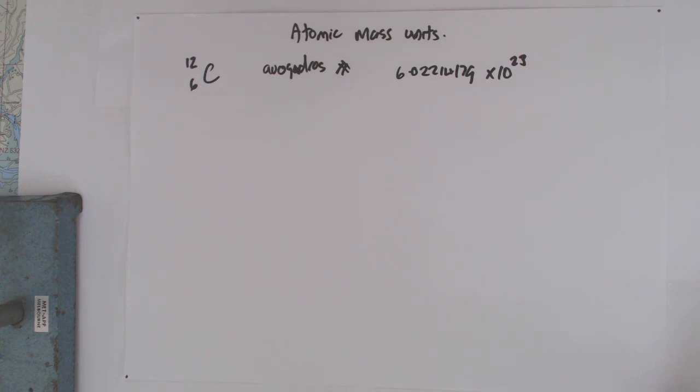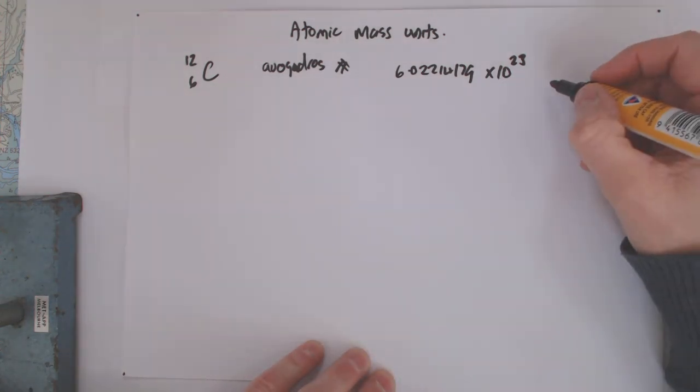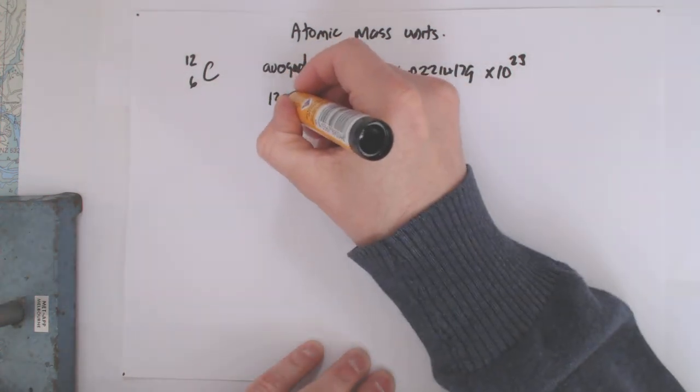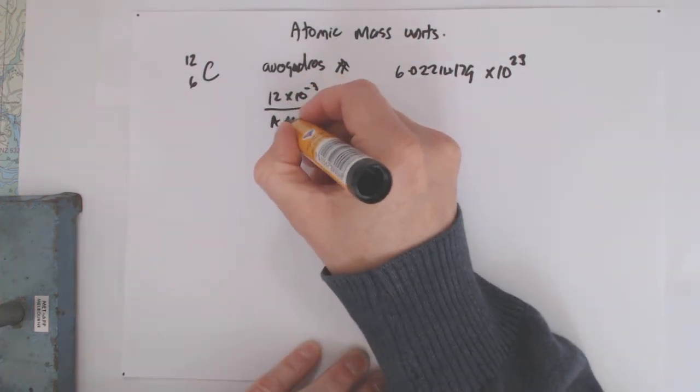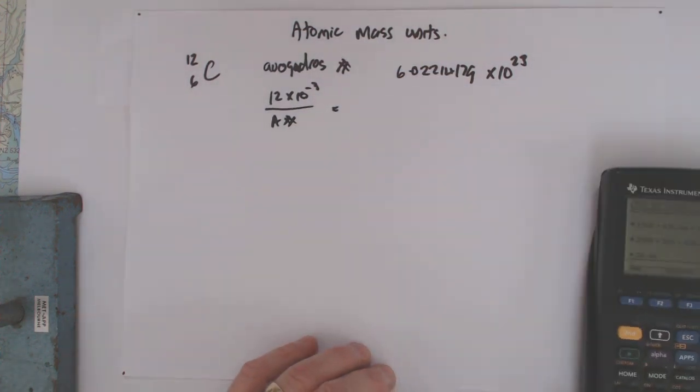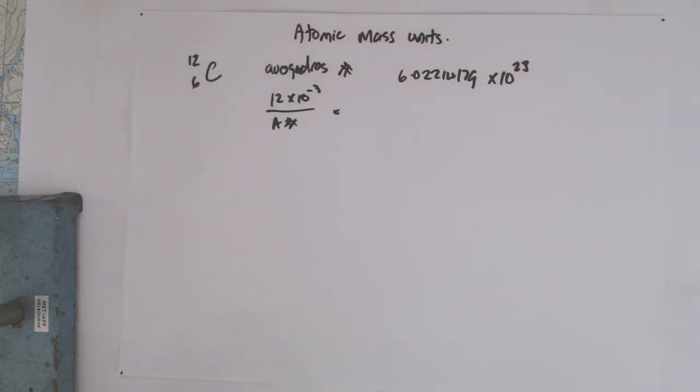Alright, so how much does 1 gram weigh? Well, we'll just divide 12 grams by that and we'll get the weight per carbon. So let's just write 12 grams times 10 to the minus 3 divided by Avogadro's number, that will give us the mass per carbon-12. So 10 to the minus 3 divided by 6.022141179 times 10 to the 23 gives me 1.99.